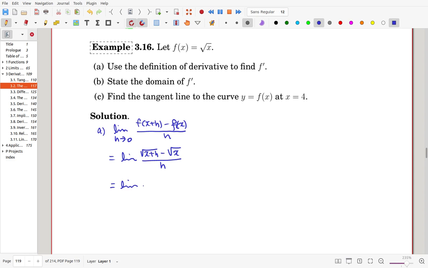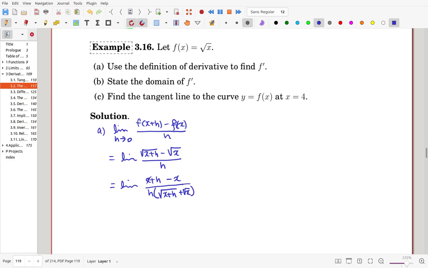Then after multiplication, it will become (x plus h minus x) divided by h times the conjugate, which is square root of x plus h plus square root of x.